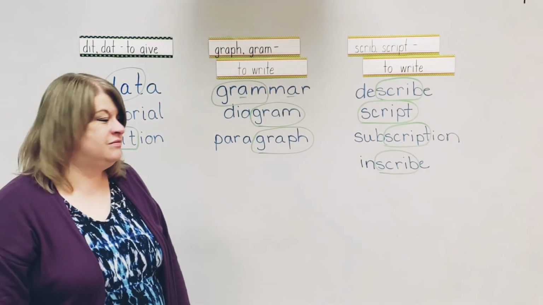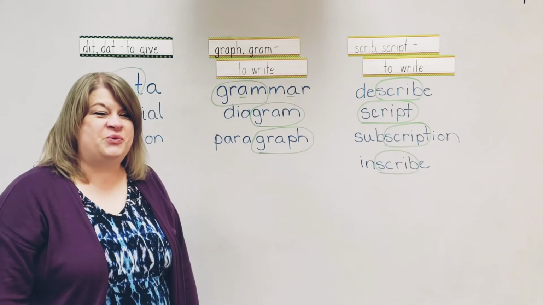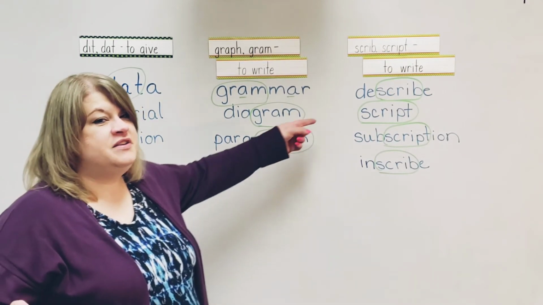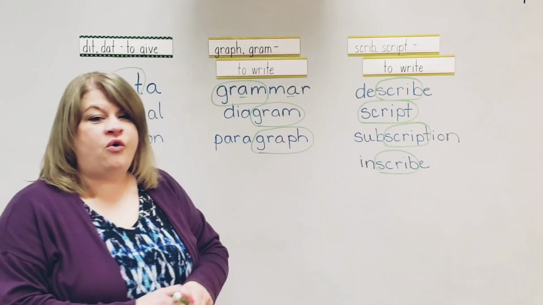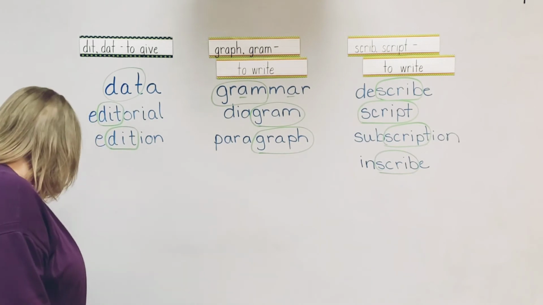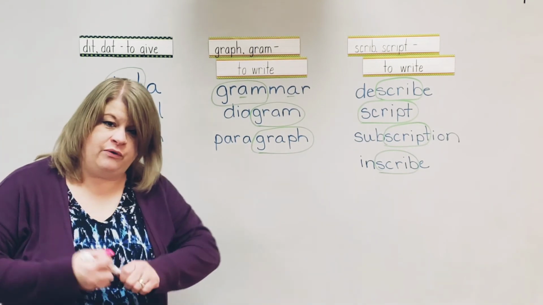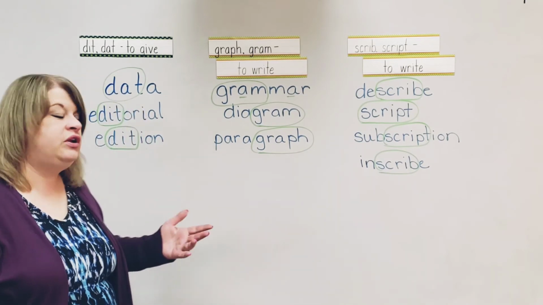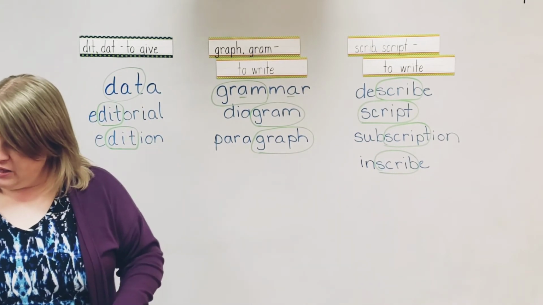Did you get those? Did you notice that there's a word that's the entire root? Which one is that? Script, right. That's the whole thing. All right, let's see if we can come up with a few words. Now I'm going to give you a couple words that I figured out, that I remembered. You might have different ones. That's awesome. But in case you couldn't think of them, let's do a couple together.